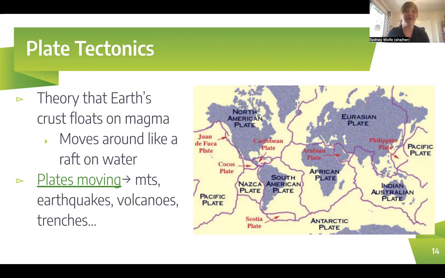When we have plates moving, we get things like mountains, earthquakes, volcanoes, ocean ridges, trenches, tons and tons of things that we think of as huge catastrophic events to the Earth's surface. Those all happen because of plate tectonics.